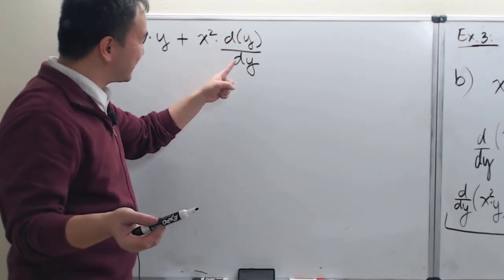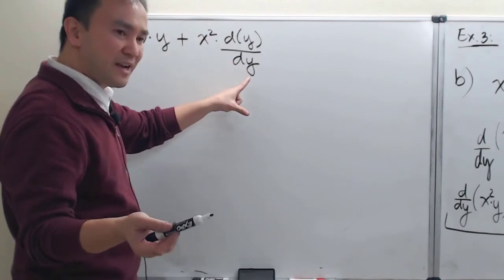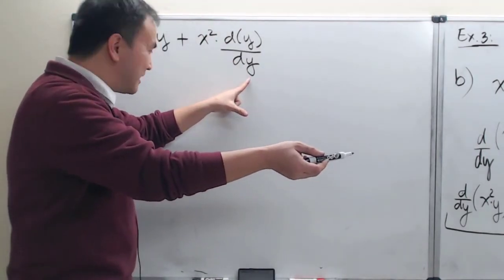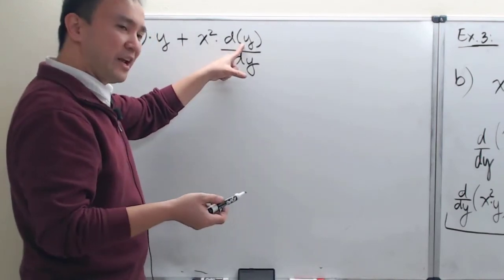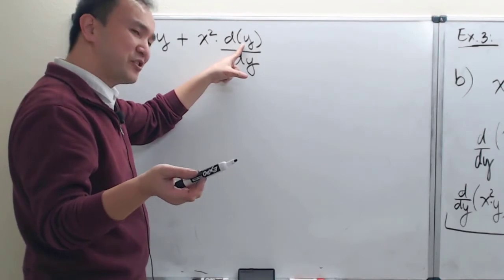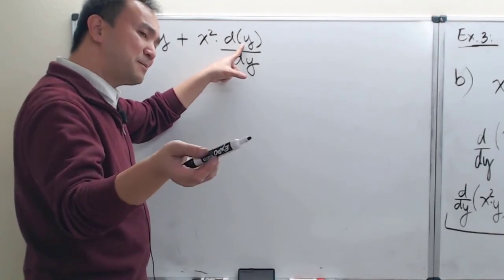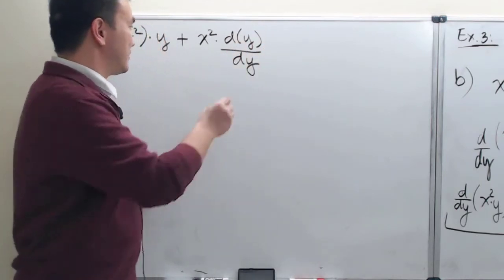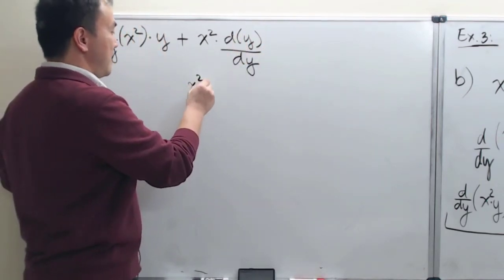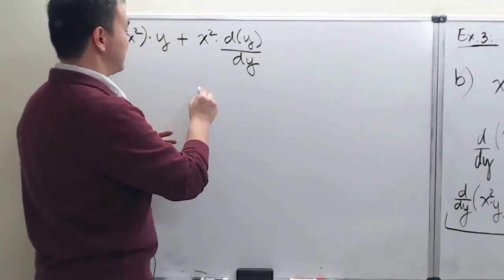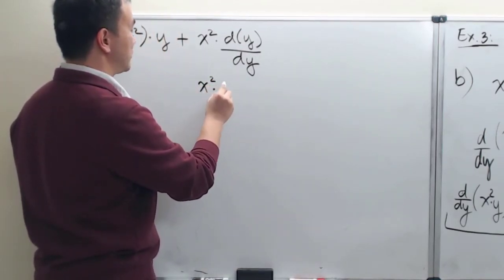It's y to the first power, so you just simply apply the power rule. That becomes just x squared times 1.